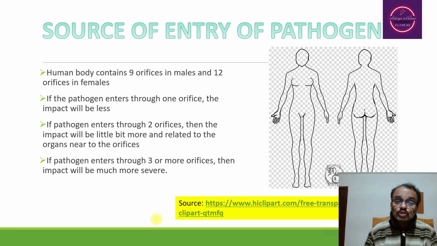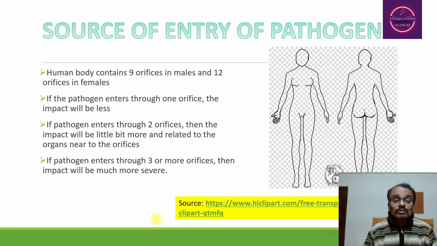So that means the source of entry of the pathogen can be one natural orifice, or 2 natural orifices, or 3 or more natural orifices that have exposure, through which the pathogens may enter.